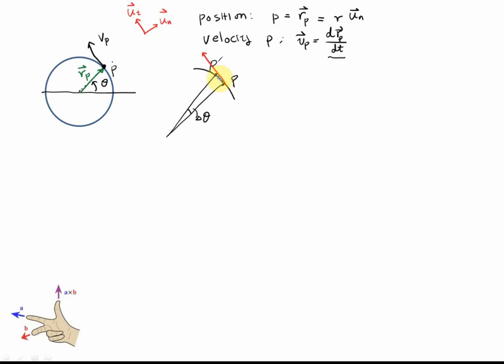Think about the length of arc here. The length of arc, let's say s, should be r times delta theta, right?